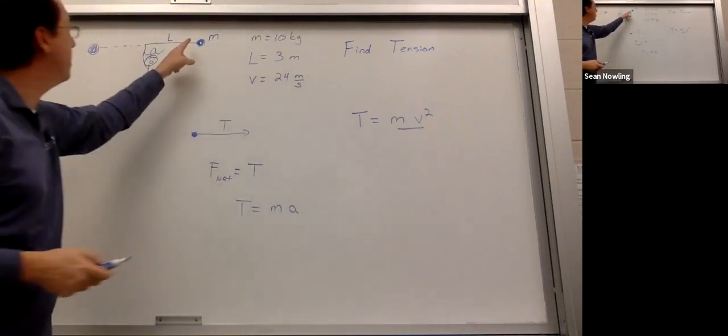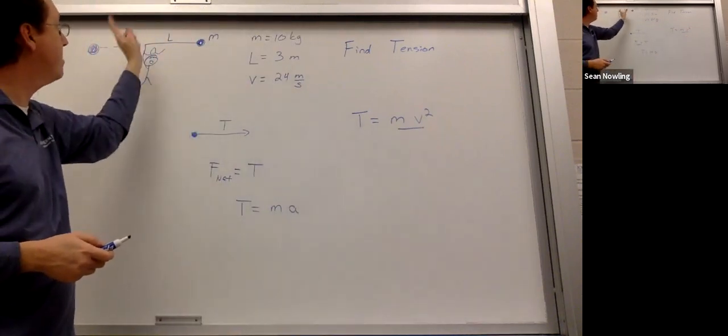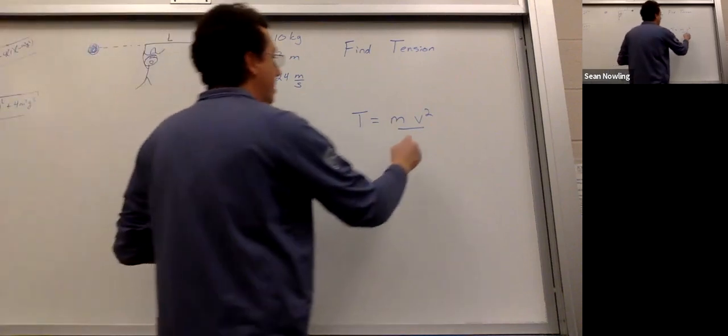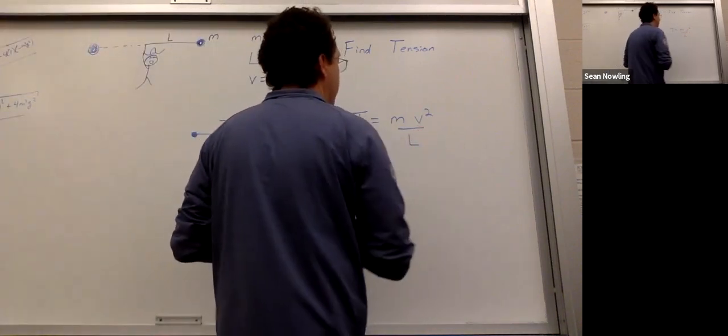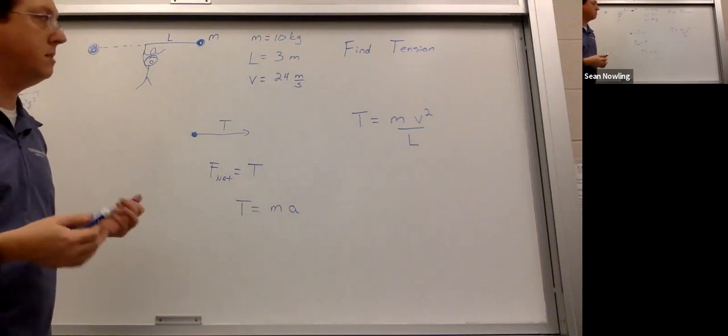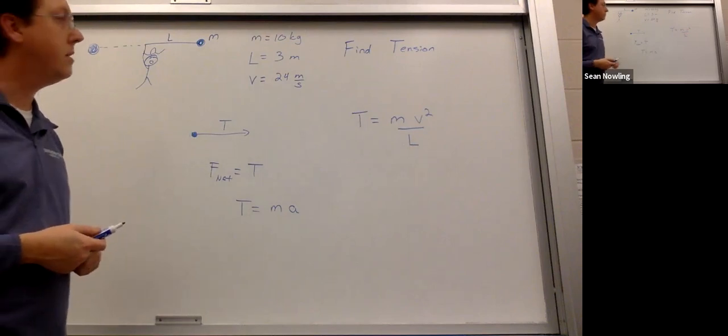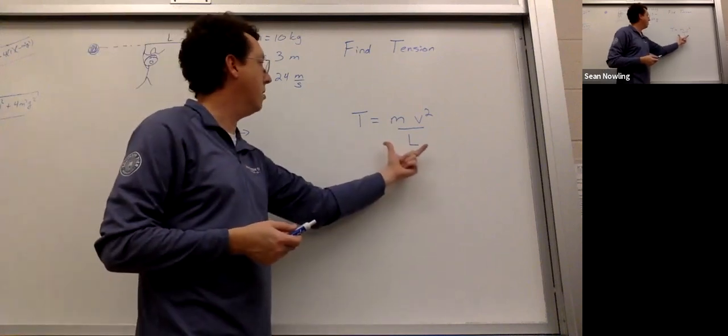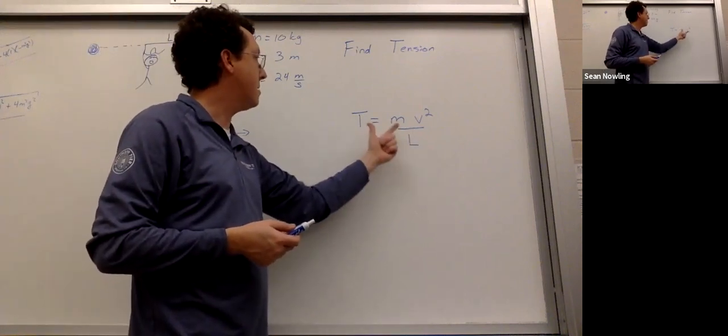But for this mass, the radius is simply L. So mv squared over r becomes mv squared over L.